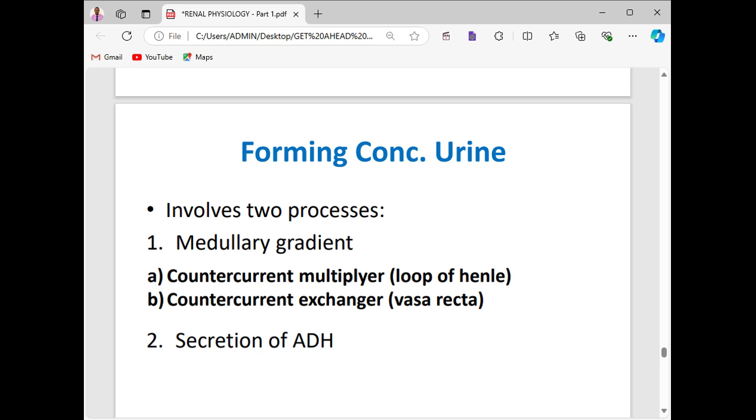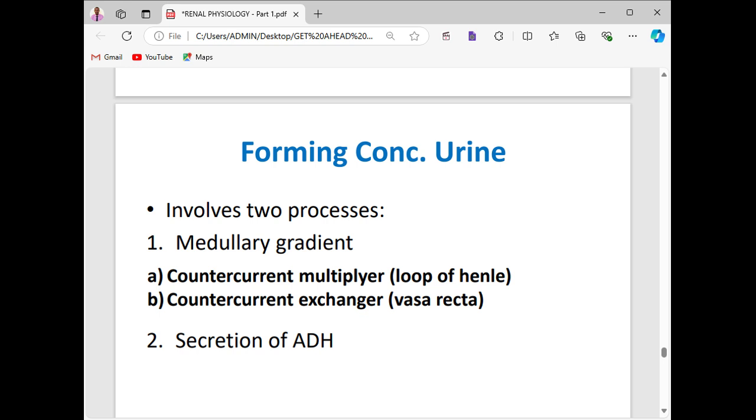But it is important to take note that the formation of concentrated urine is not a simple process. It involves two major processes. Number one is the process which has to do with the medullary gradient.